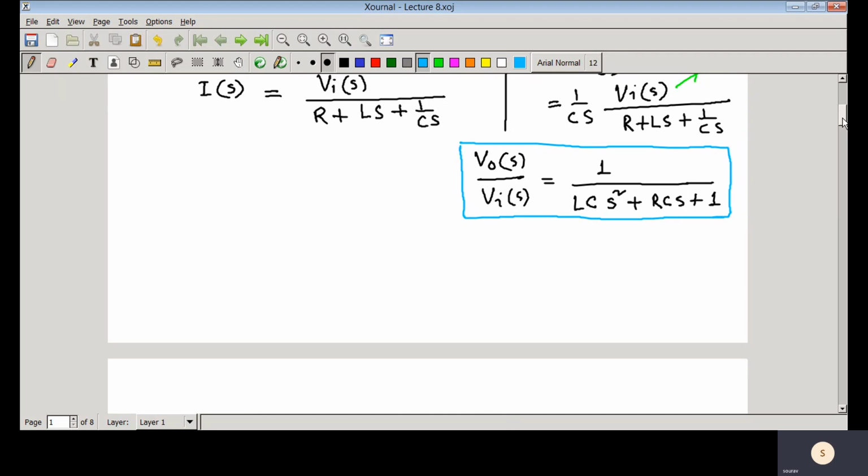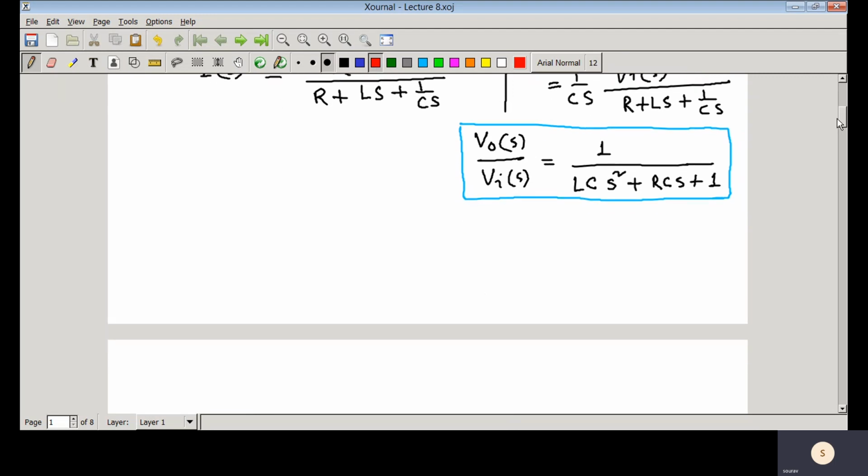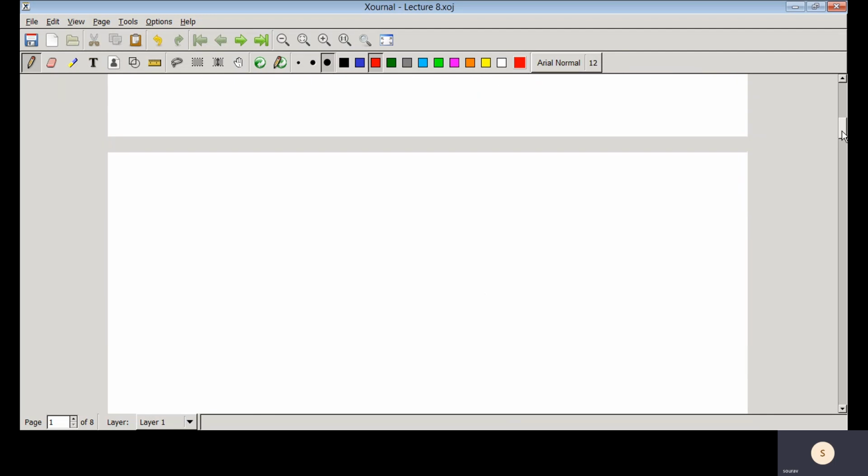So this is another technique for representing dynamical systems.